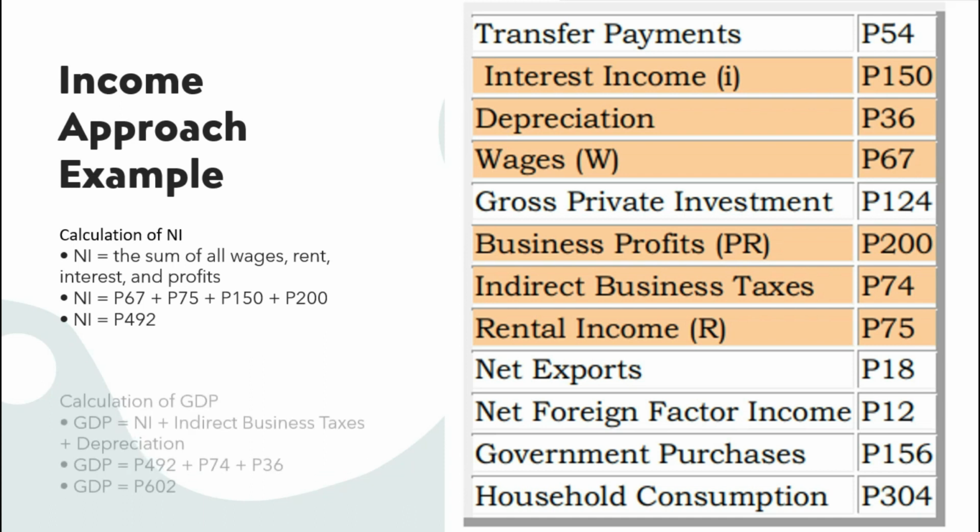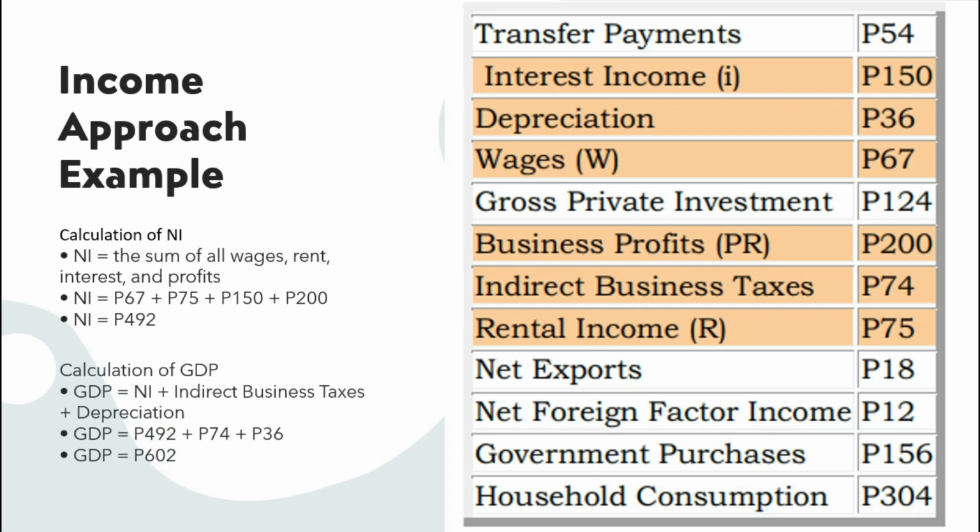So how do we calculate the GDP under the income approach? GDP equals national income plus indirect business taxes plus depreciation. So, GDP equals 492, the national income we calculated earlier, plus the indirect business taxes of 74. The indirect business taxes are given in this problem. If it is not given, then that is 0.